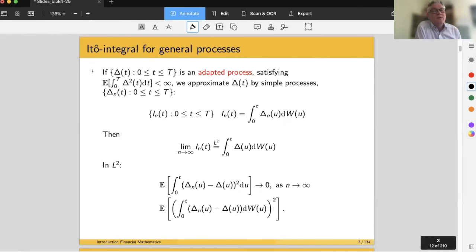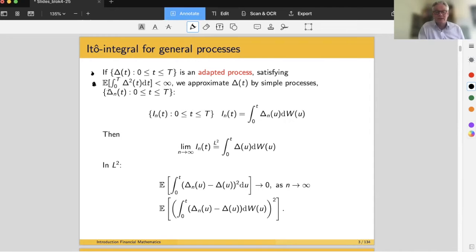In that case, we didn't prove things, but we outlined the proof. It can be proved with the help of measure theory. We gave you the outline for the integral for general processes. It went as follows. Now, if Delta_t, small t running from 0 to capital T, is a general adapted process, and it satisfies this technical condition, that the expectation of this integral from 0 to T of Delta squared t dt is finite.